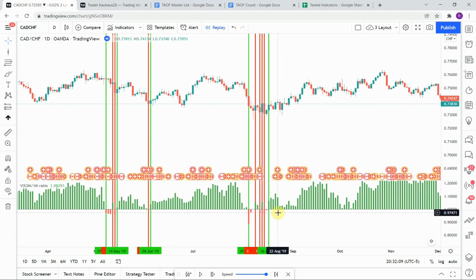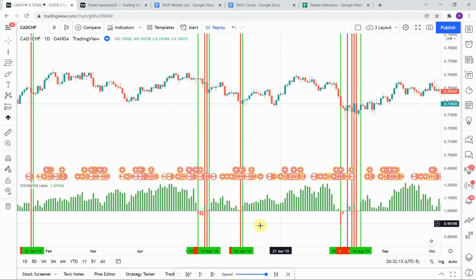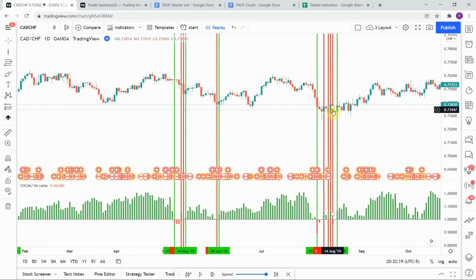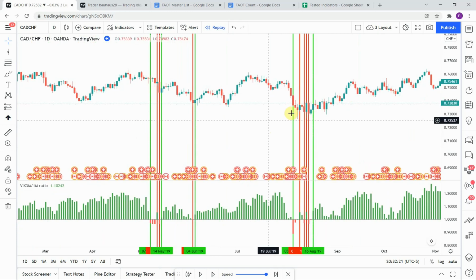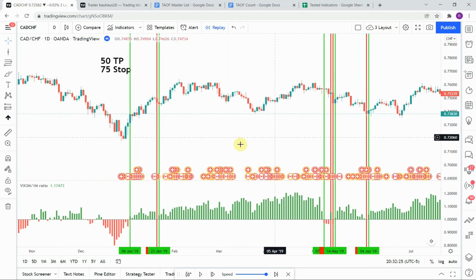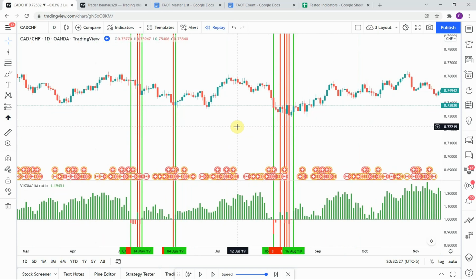I think I saw it right here, for an example, and I thought that might help out a little bit in keeping us from getting in these whipsaw trades like this area right here. But unfortunately it didn't do too much, it was still whipsawing us in and out of trades, one right after another, losing trade, losing trade, losing trade.